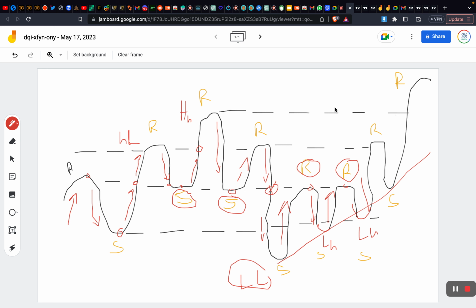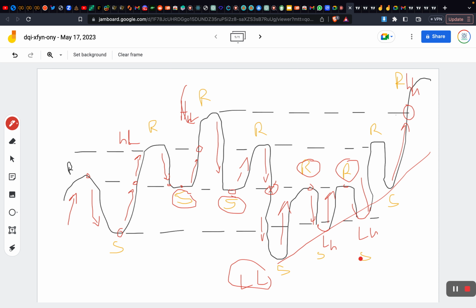So you can see this one hit resistance, came back to support, started rallying up again, came back here and broke that former resistance. So this is now the new higher high, and no longer this one anymore. So this one will now turn to a higher low.